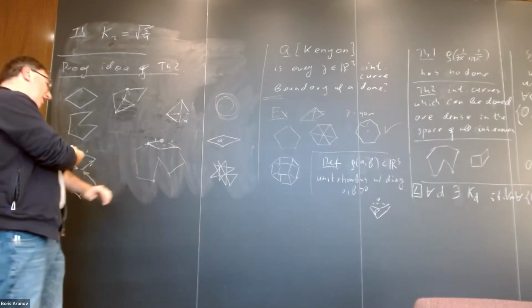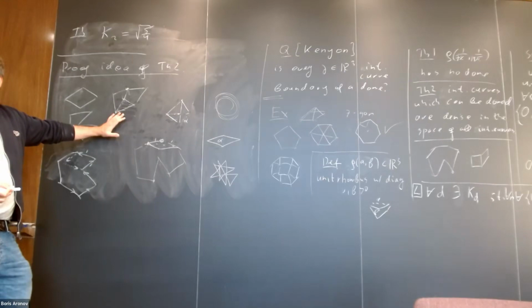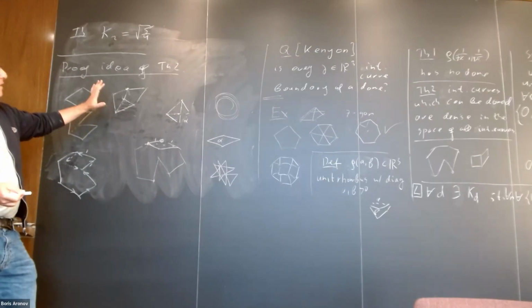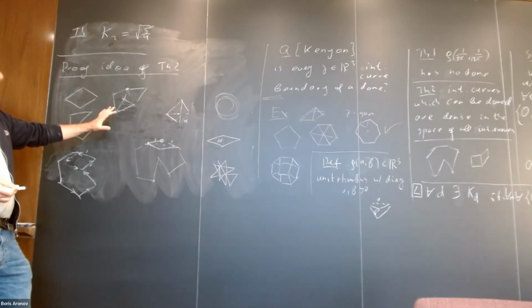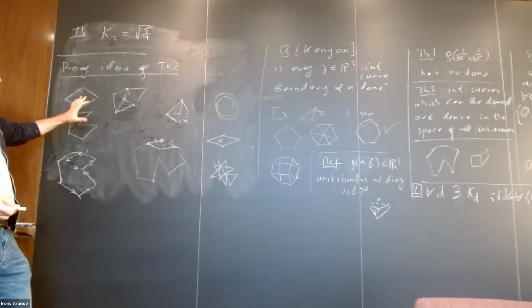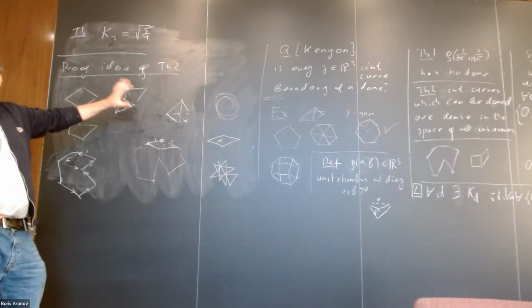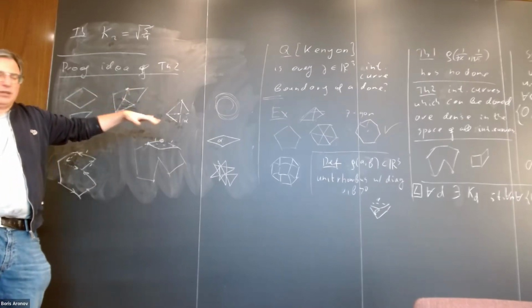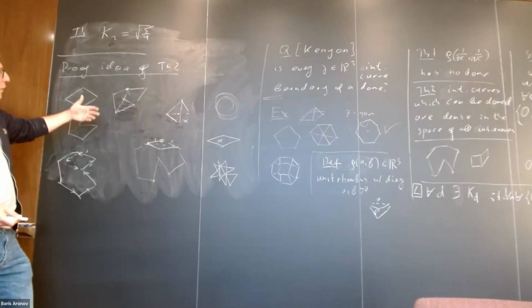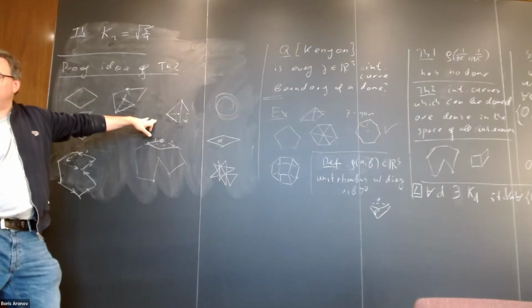Now, the real argument sort of works backwards. You need to show that every curve can be approximated with some curves. So you need to ensure that all this construction actually does what you want it to do.